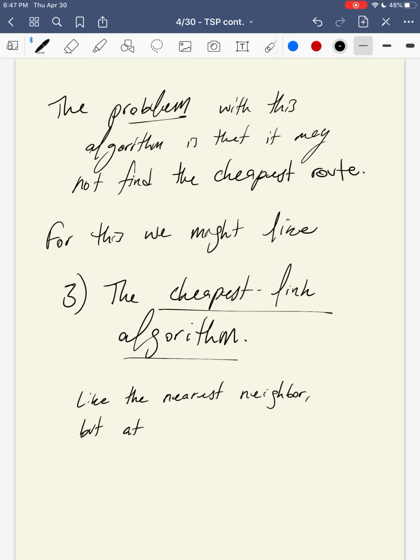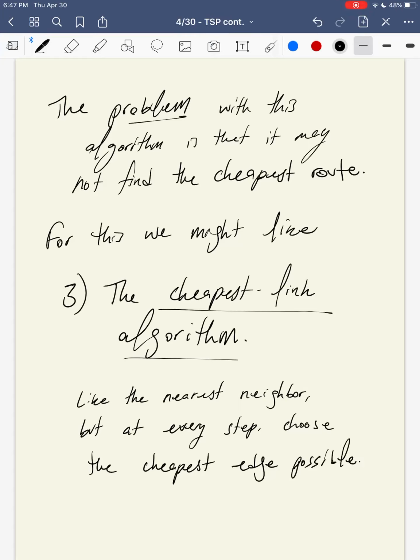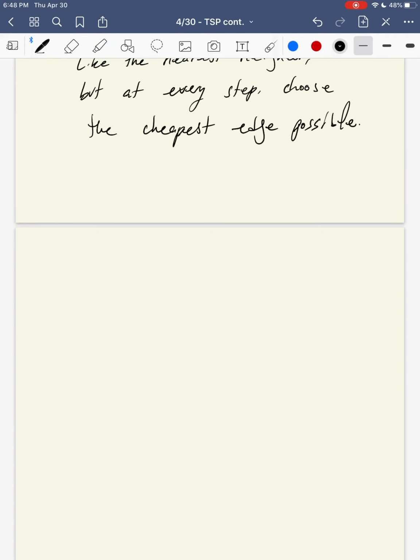But at every step, choose the cheapest edge possible. So this is better, but what's interesting is that it still doesn't get you the right answer every time.